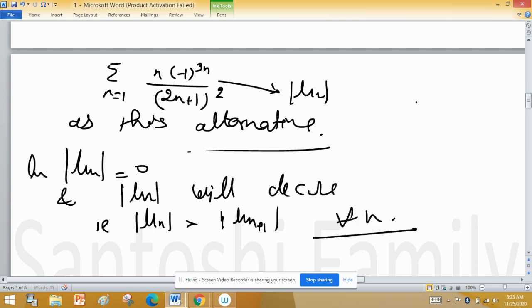As we know, after making the term positive, n upon (2n plus 1) square is our un.